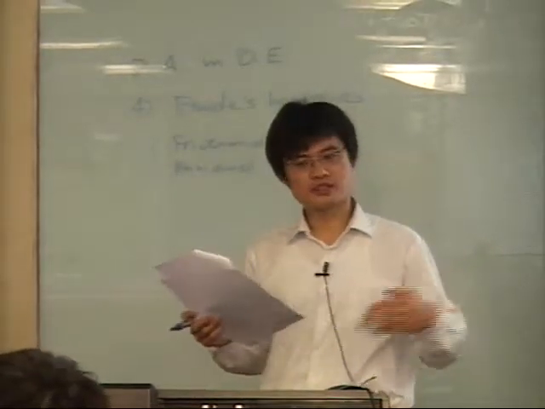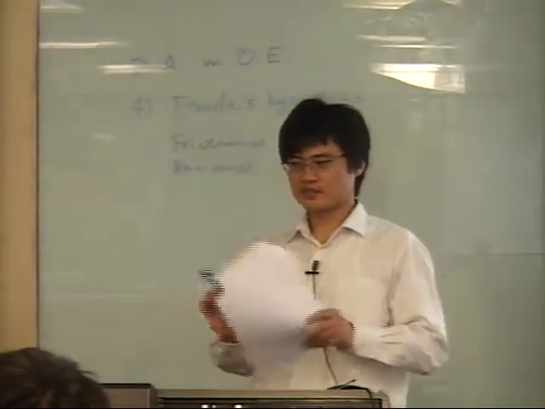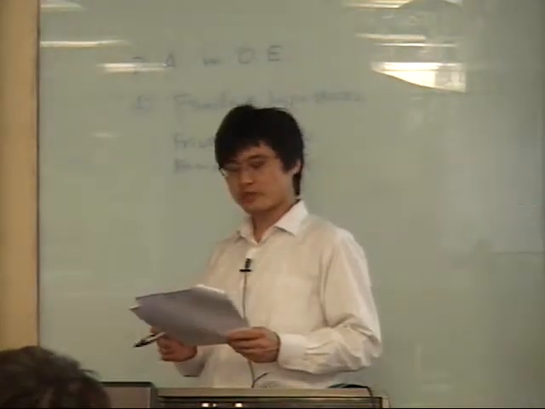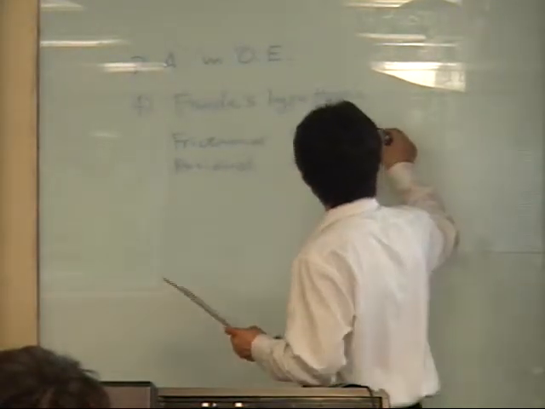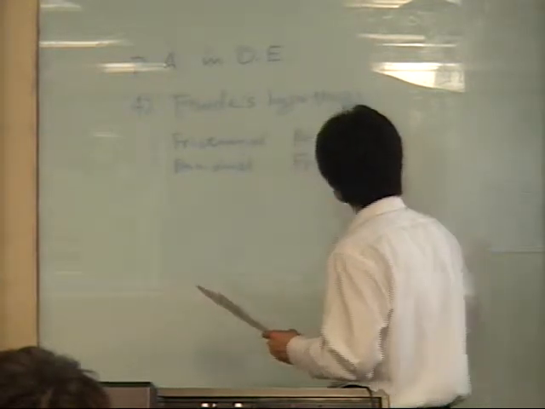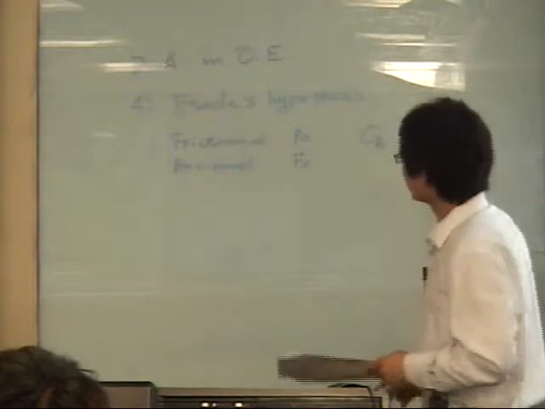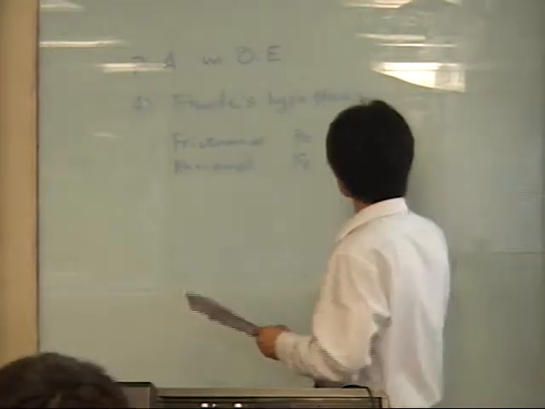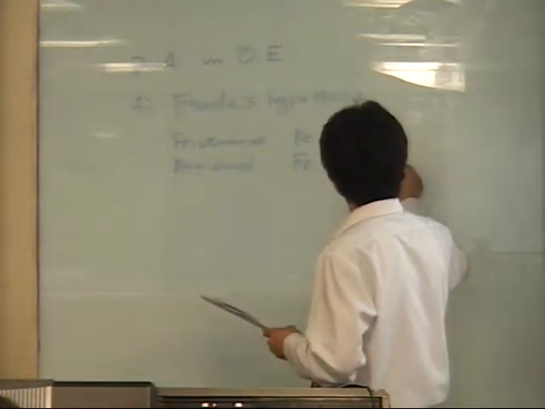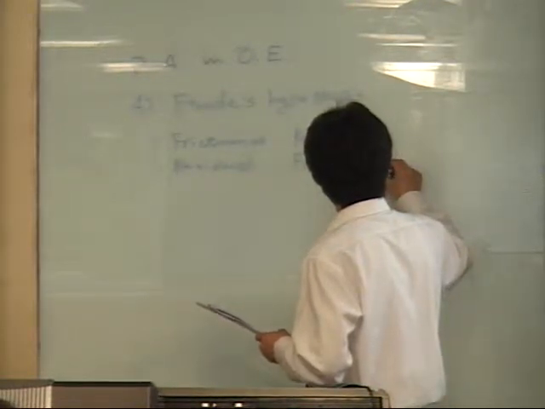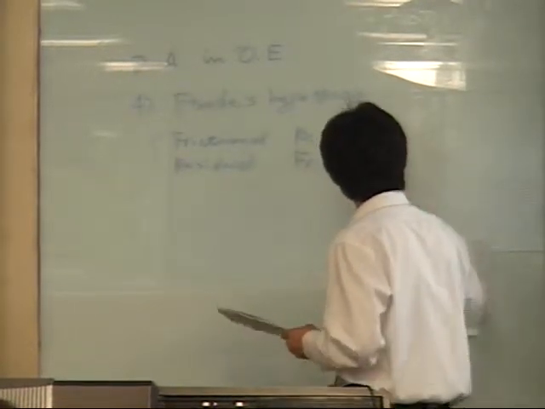We drag a plate under the water, so we can figure out the drag coefficient. Let's call it C_F. And the other is the residual coefficient. Let's call it this.